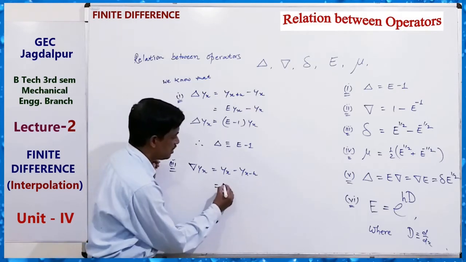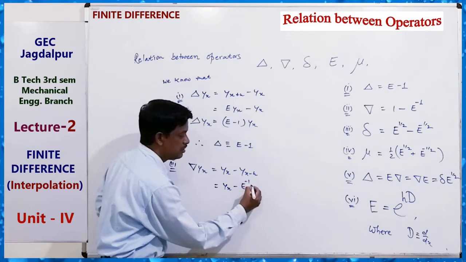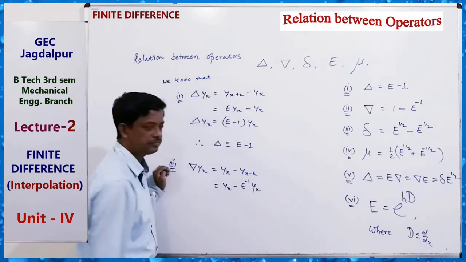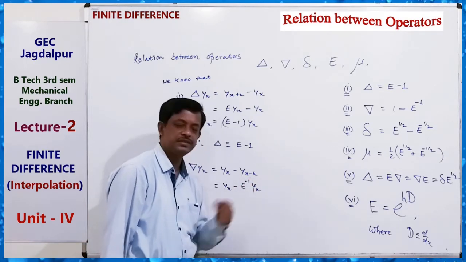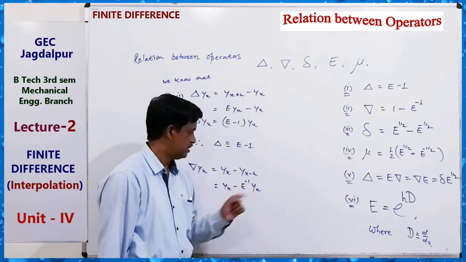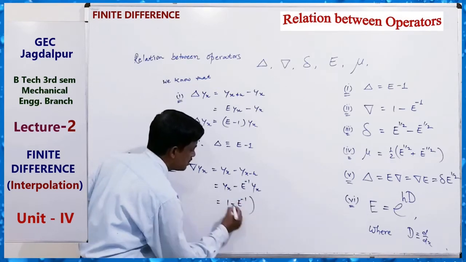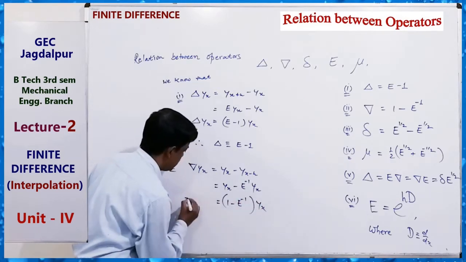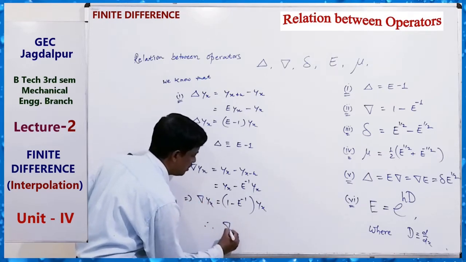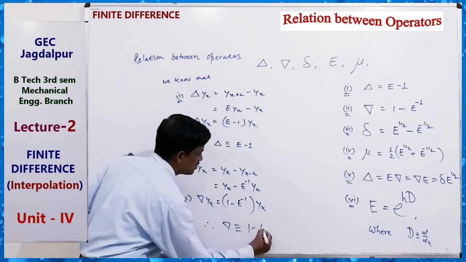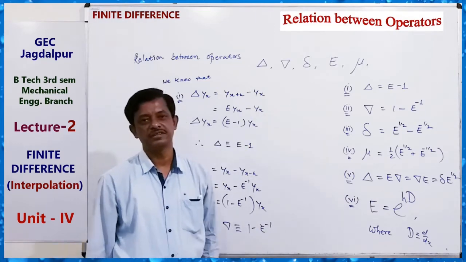So from here we can write yx minus (E inverse) yx, that is (1 minus E inverse) yx, which is the backward Δ yx. Therefore backward Δ is equivalent to 1 minus E inverse, simple.